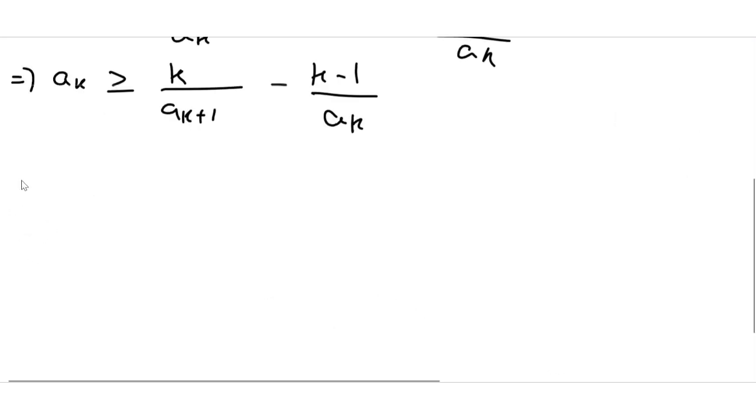So now we look to sum up the first m terms, so we get a1 all the way up to a_m, and now we know a_k is greater than a certain inequality using this, plugging in k equals 1 all the way up to m.